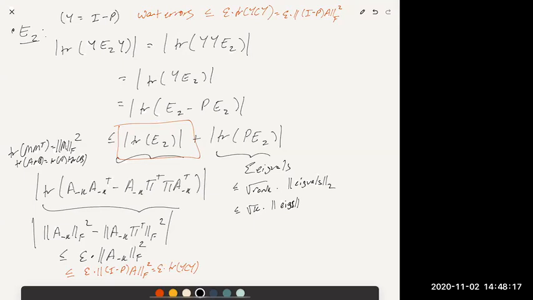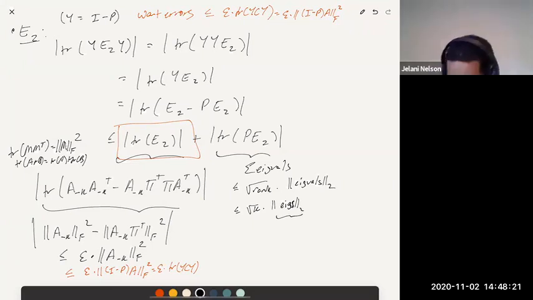Yes, Frobenius norm. So this is just the Frobenius norm of PE2. But again, P is an orthogonal projection, so P cannot increase the norm of anything. So this is at most the norm of E2.